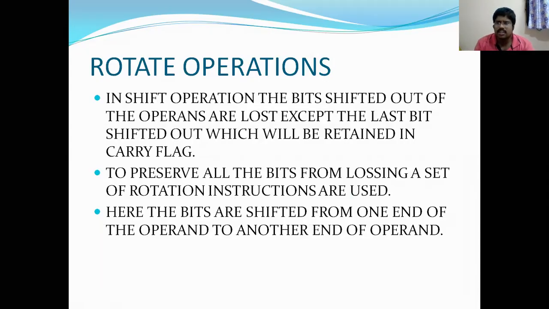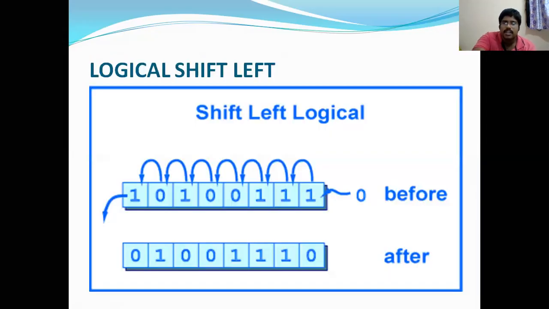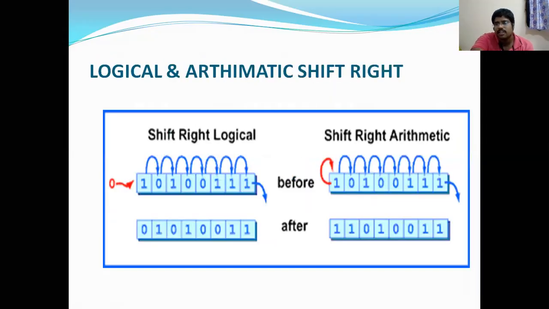First of all we need to discuss why we came to these rotate operations. If you observe shift operations, whether right shift or left shift, arithmetic shift or logic shift, as we discussed previously, whenever I perform a right shift operation, this bit becomes empty.